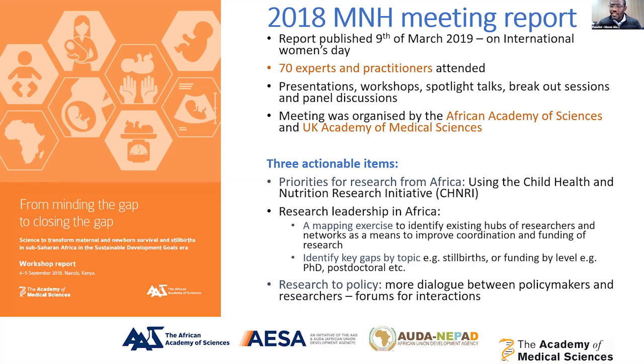We were to look at research leadership in Africa, essentially do a mapping exercise to identify where the existing hubs of networks are and what the key gaps are by topic for MNCH for us to achieve the SDGs. And then we were to also initiate dialogue and find areas in which research can have interactions for policy.